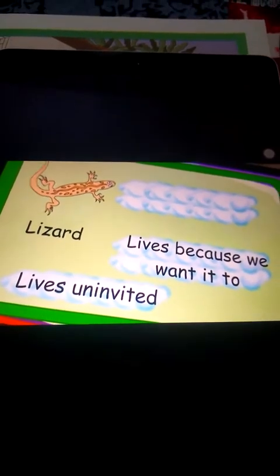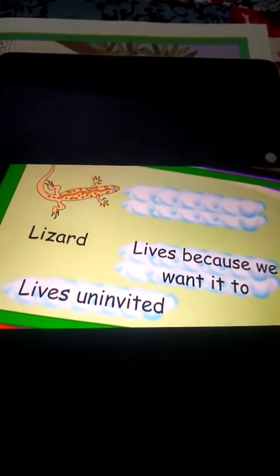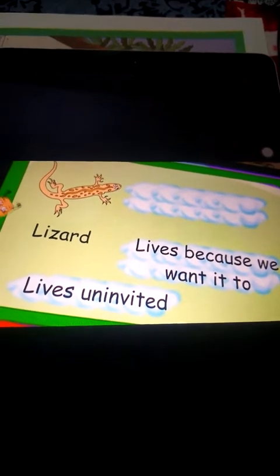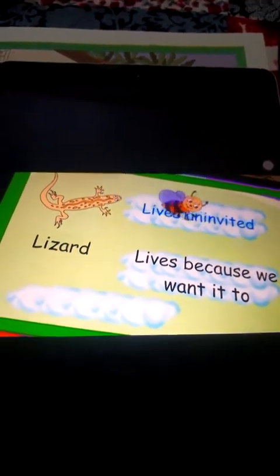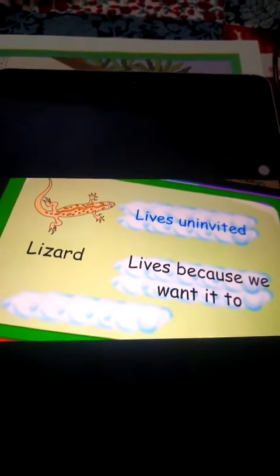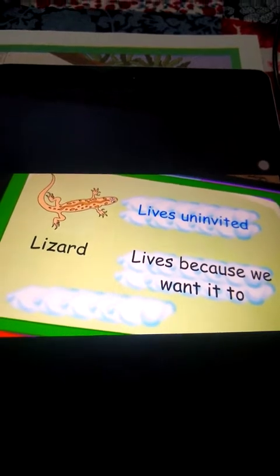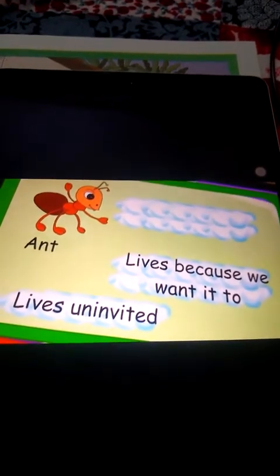This is a lizard. This lives uninvited in our house. This is an ant.